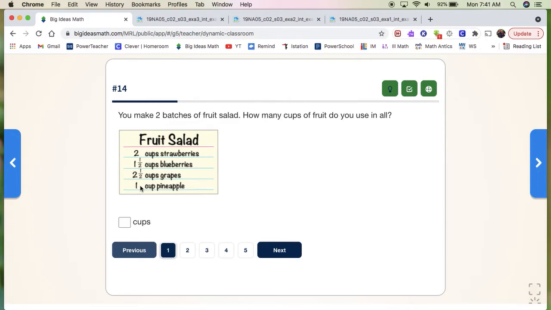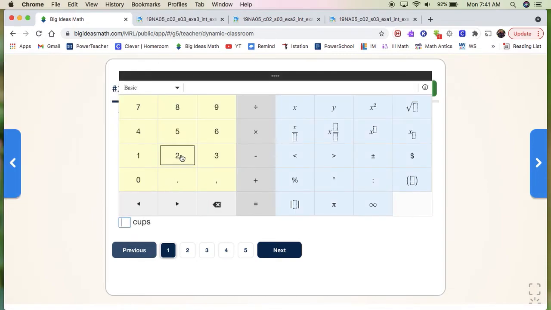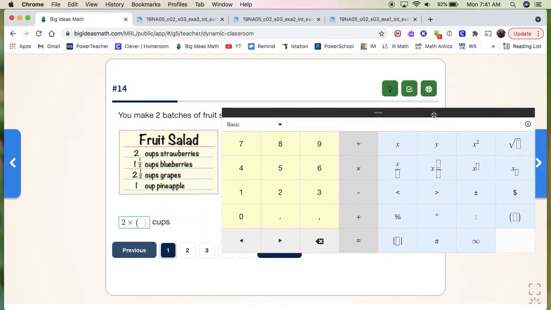Or you could add them all up and then multiply what you get by 2, which is what I'm going to do. So I'm going to say 2 times, and I'm going to get my parentheses. I'm going to move this hopefully where I can see it.